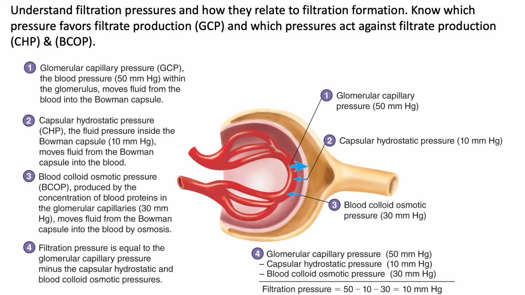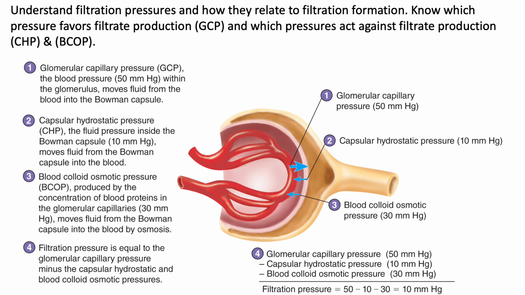You have an anti-pressure of 10 millimeters of mercury from just the presence of the fluid, and an anti-pressure of 30 millimeters of mercury from the presence of the colloids within the blood, the trapped proteins, etc. So you subtract 40 from 50, and you only have a net filtration pressure of 10 millimeters of mercury.